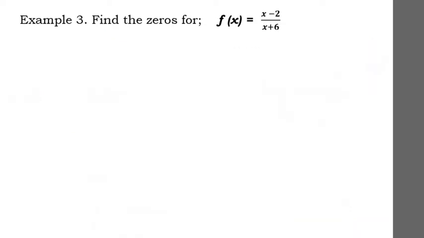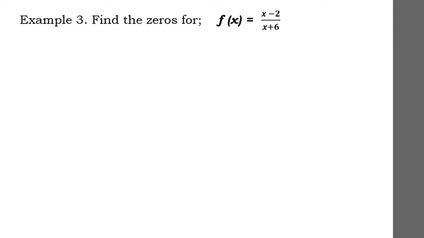Okay, so the next one is finding the zeros of the rational function. Let's say find the zeros for f of x is equal to x minus 2 over x plus 6. So how can we find the zeros of the given function? So simply equate the numerator to 0.